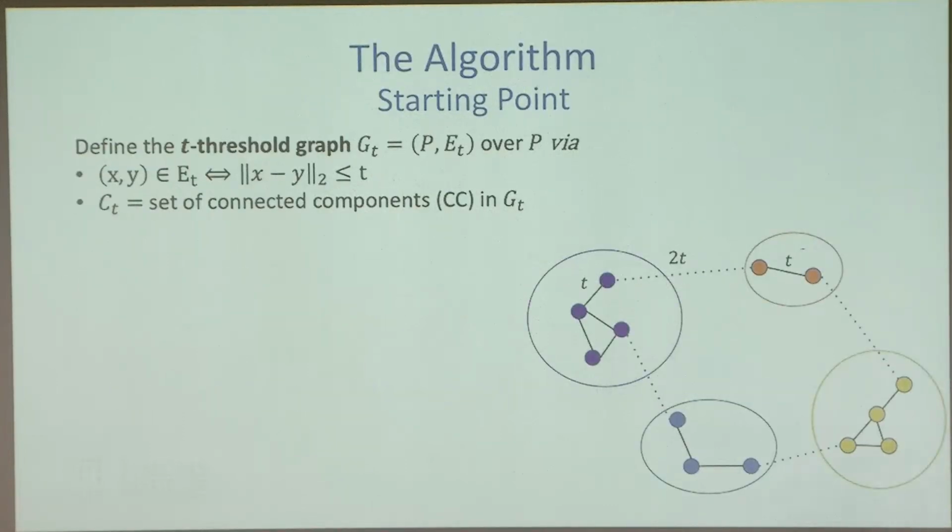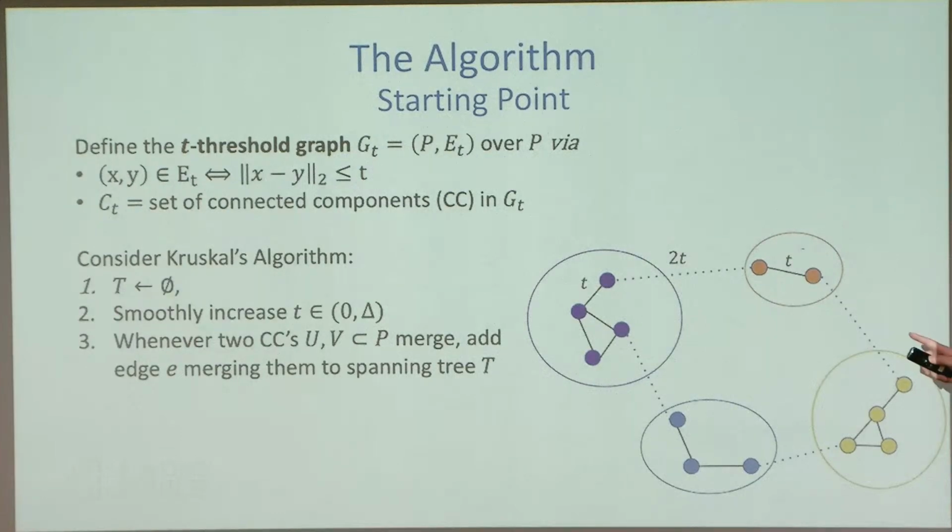Okay, so now let me start to talk about more technical details. Our starting point is the standard Kruskal algorithm. Let us first define the t-threshold graph. The t-threshold graph is as follows: this graph is over the entire point set, and we connect two points if their distance is at most t.